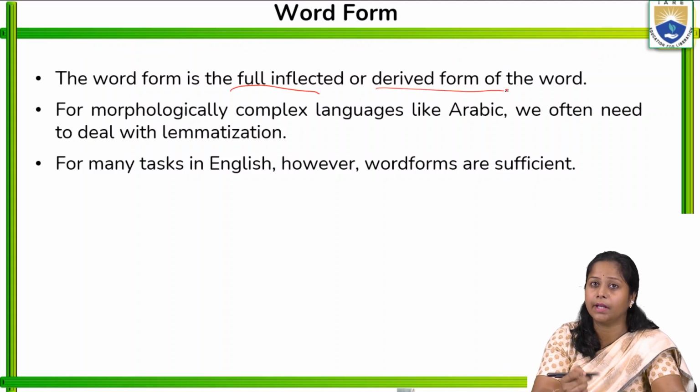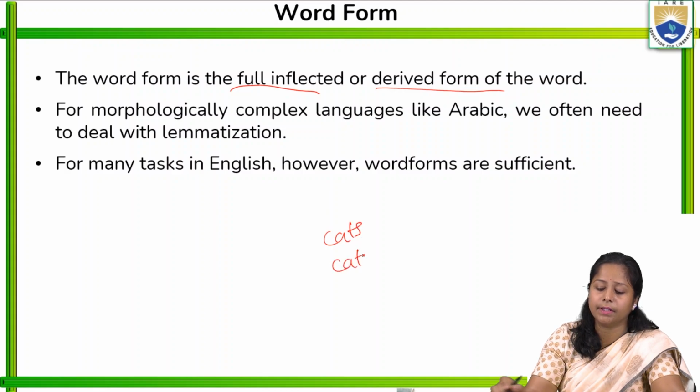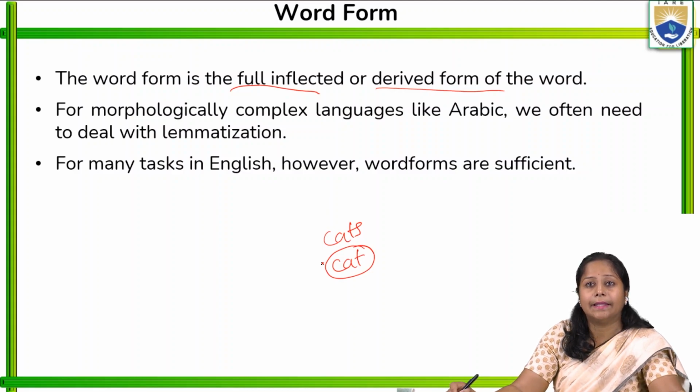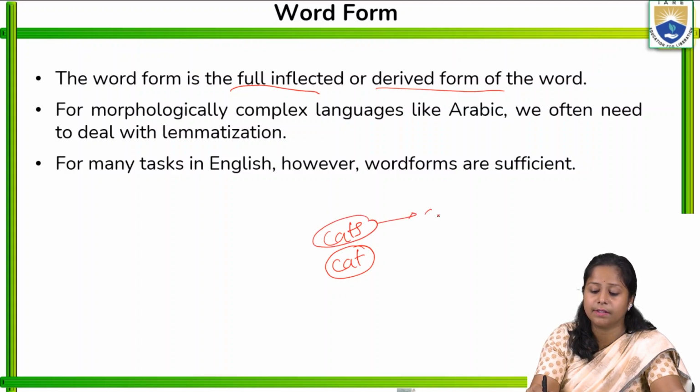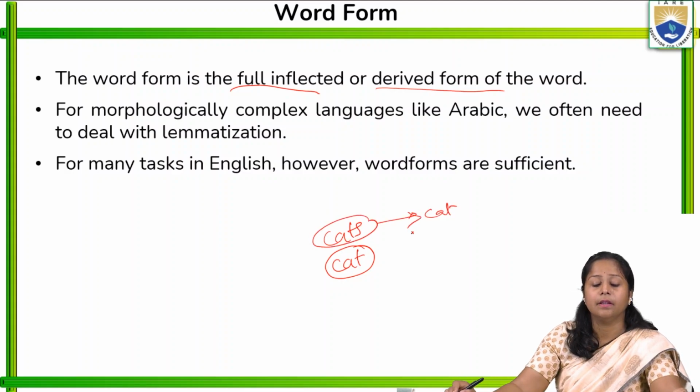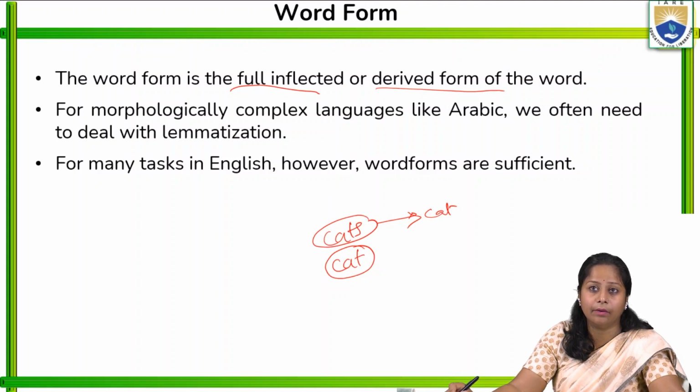In the example we saw cats and cat. Cat is the base word, called the lemma, and cats is the full inflected, derived form. For morphologically complex languages like Arabic, we often need to deal with lemmatization.